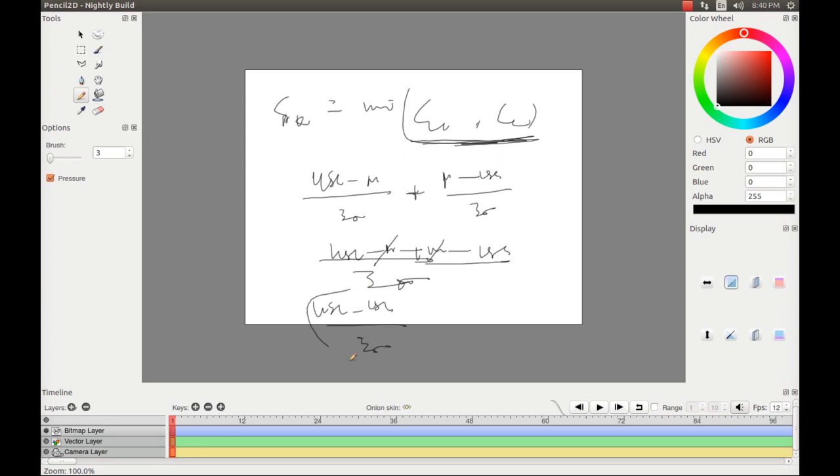So indirectly what we are trying to do is find the capability index at 3 standard deviations. Earlier we calculated this at 6 standard deviations, but this time we are calculating at 3 standard deviations, so that we are just restricting the capability index to 3 standard deviations. But anyway, the expression is quite similar to the expression that we had done earlier.